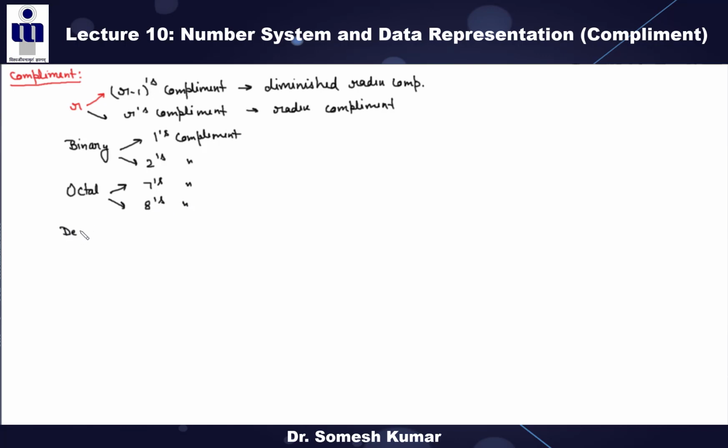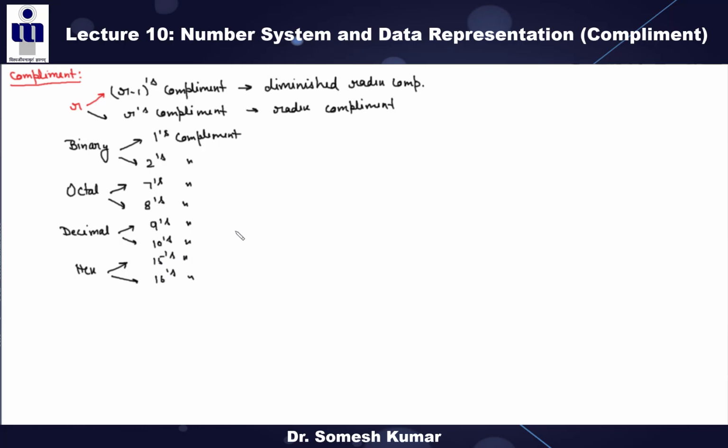For the decimal number, two complements are there, the 9s complement and the 10s complement. For the hexadecimal, two complements are there, the 15s complement and the 16s complement.